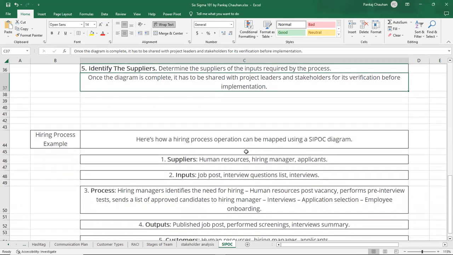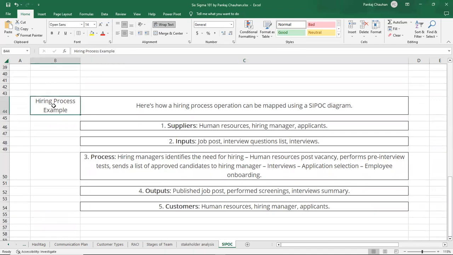Now, just a high-level understanding. Suppose you are an HR person and you are hiring a new candidate. I'm going to tell you how a hiring process operation can be mapped using the SIPOC diagram. If you look at the hiring process, who is your supplier? The suppliers are your human resources or hiring manager, and the applicants. These are the people who are providing you, like human resources providing you the job post.